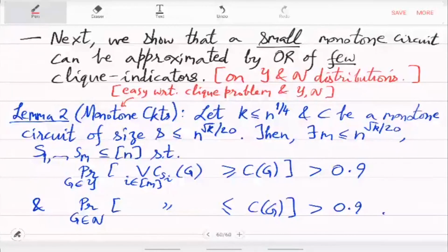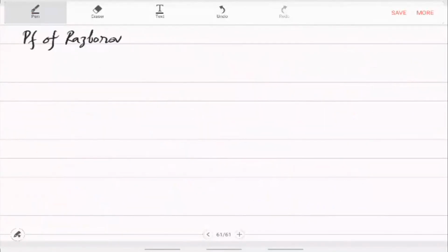So how do you show this? Or maybe we will first prove the main theorem using lemma 1 and lemma 2. So, proof of Razborov's theorem.